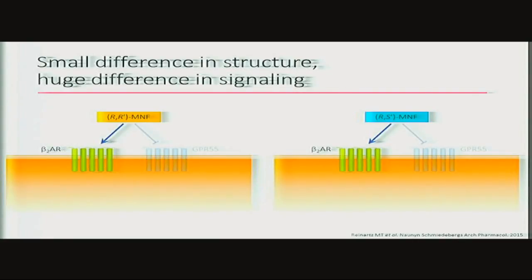So RRMNF is like a classical agonist. It binds to the receptor, it activates it, and it triggers all signaling cascades downstream of this receptor. But RS, it's also an antagonist. It can bind to the receptor, but it specifically activates only one pathway over 2 other pathways. So it's a biased ligand.